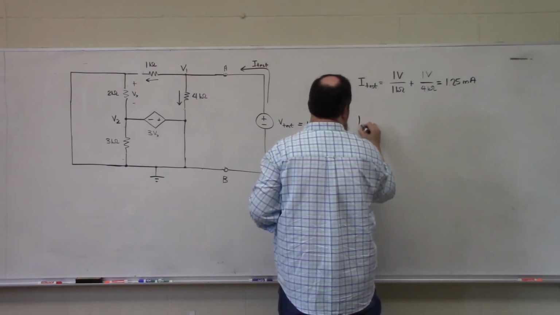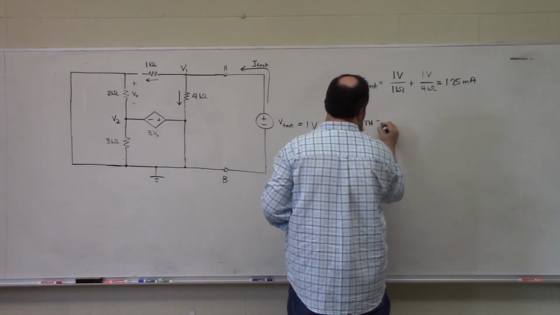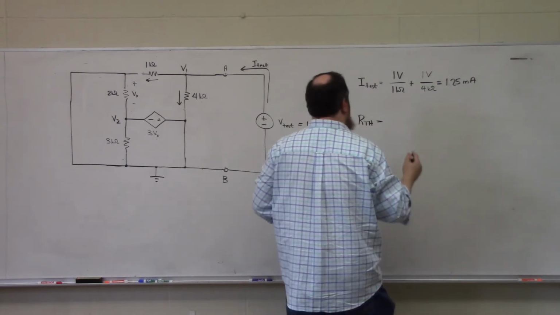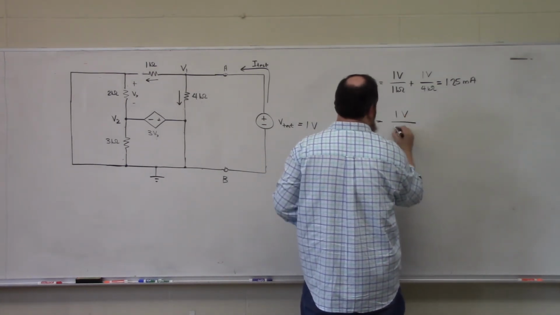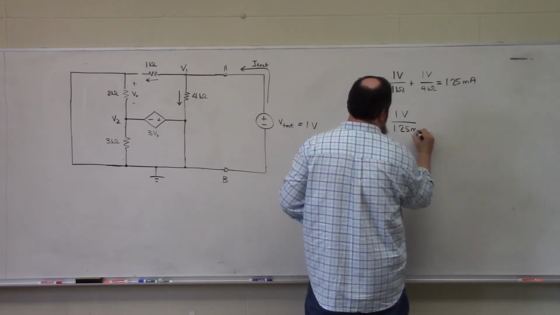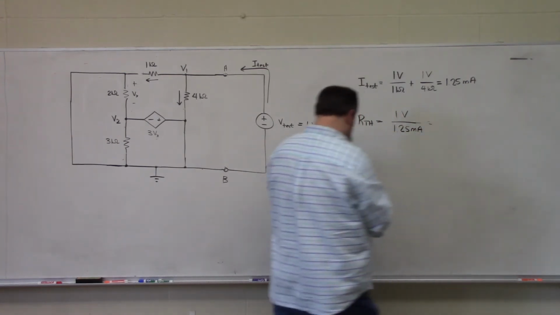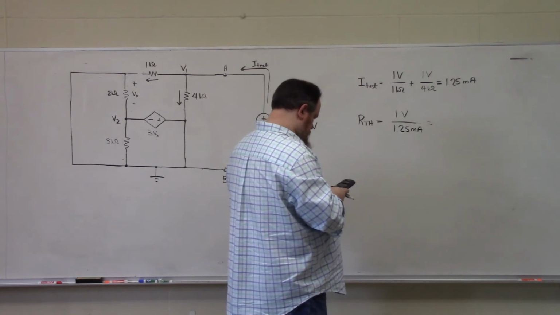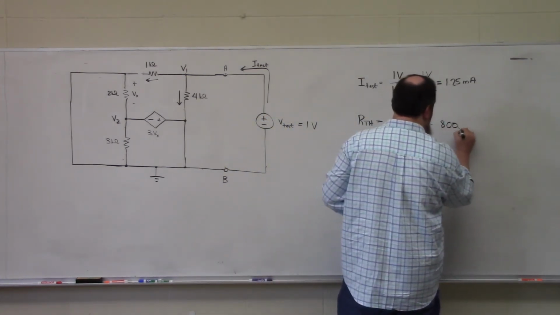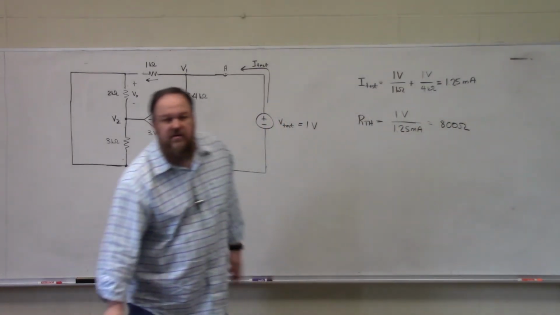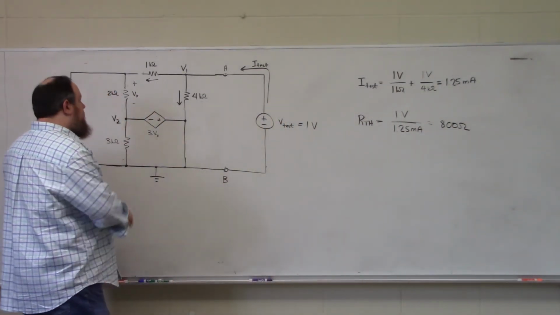So our Thevenin resistance is then equal to my test voltage, 1 volt, divided by my test current, 1.25 milliamps, which is again 800 ohms. So we got the same answer we did before.